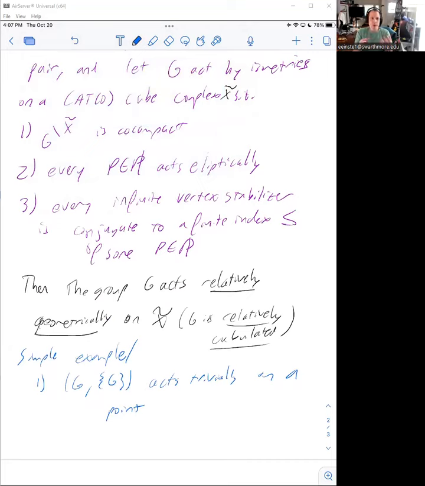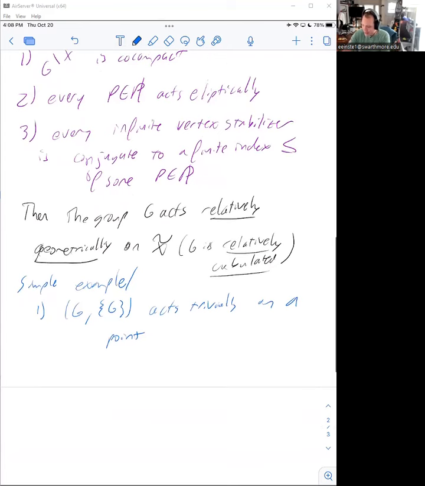All right, so to go back to the simple example, the really stupid example is this group. It has a trivial relatively hyperbolic structure by just taking the entire group, and then it acts on this point, and this is a relatively geometric action. So this is really stupid, but we'll see that it actually does something surprisingly cool for us in a minute. So hold on to that.